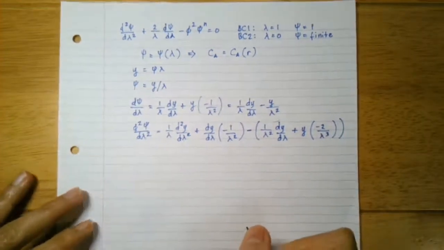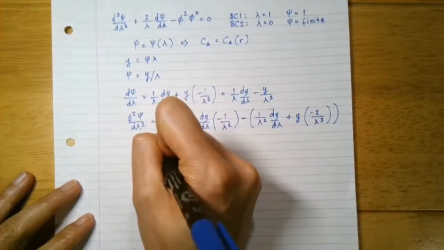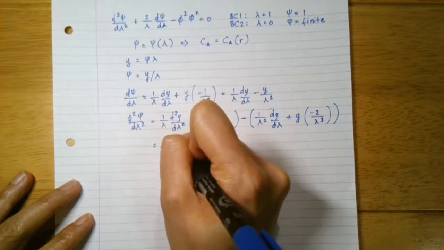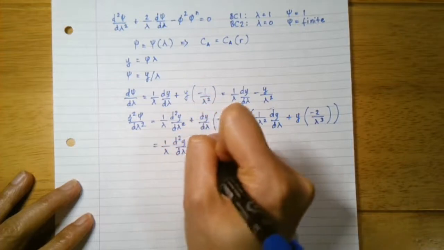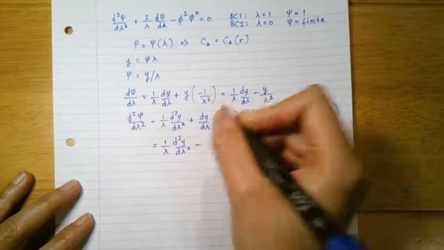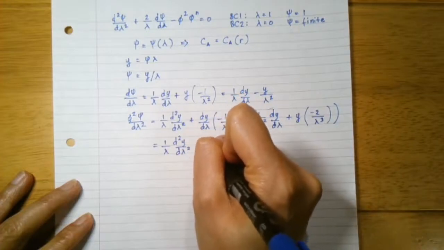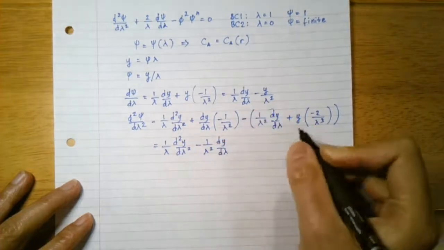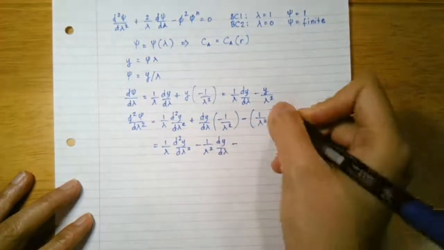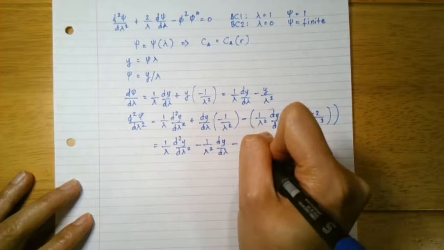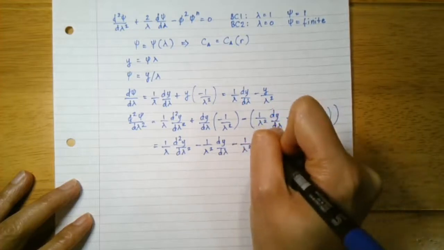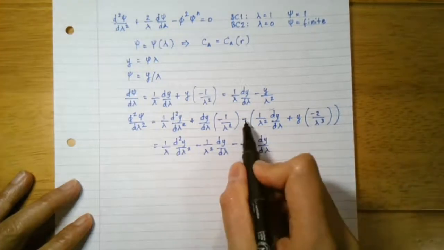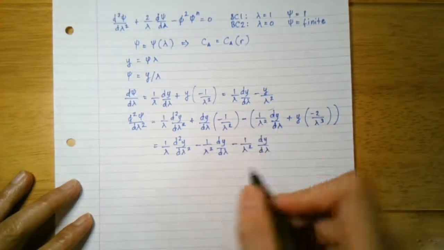Then we can simplify. So this is equal to 1 over lambda d squared y d lambda squared minus 1 over lambda squared dy d lambda, minus 1 over lambda squared dy d lambda. And then this one, I have 2 minus signs, so that will become positive.